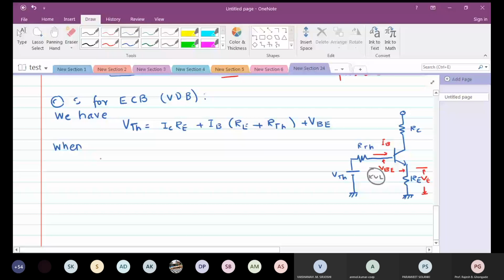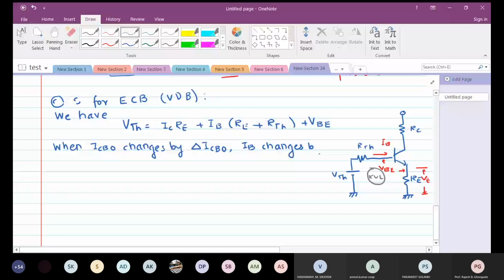So when ICBO changes by delta ICBO, let us say IB changes by delta IB.